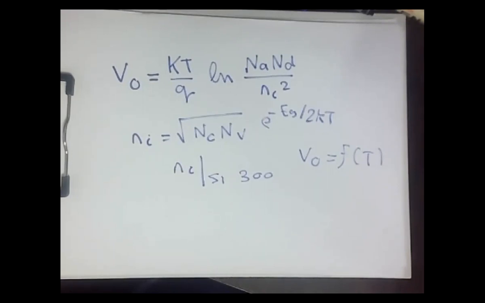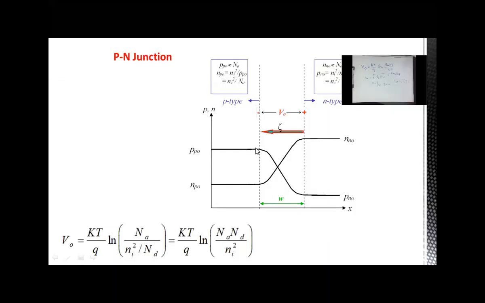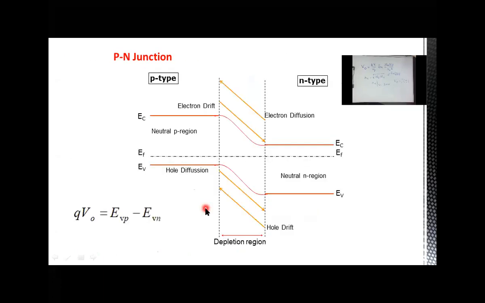So let me now return to share my screen again, my dear students, and let's also start operating our laser pointer. So this is V node, or this is the built-in potential. Now I'm interested in doing the same thing that we already did in the previous lecture. If you remember, my dear students, whenever we have an energy band diagram, I told you to please plot the potential, the electrical field, and the charge.